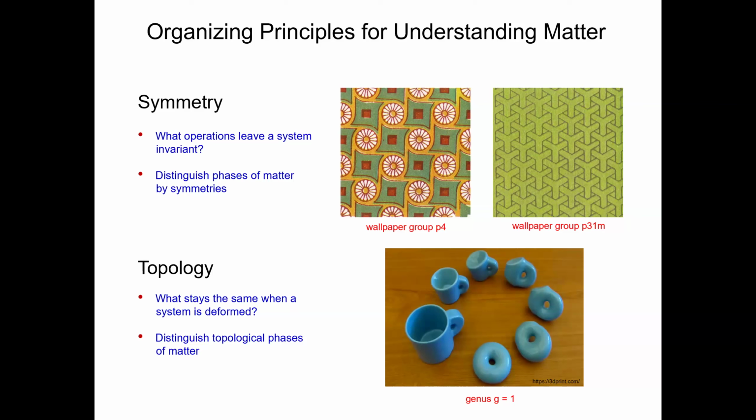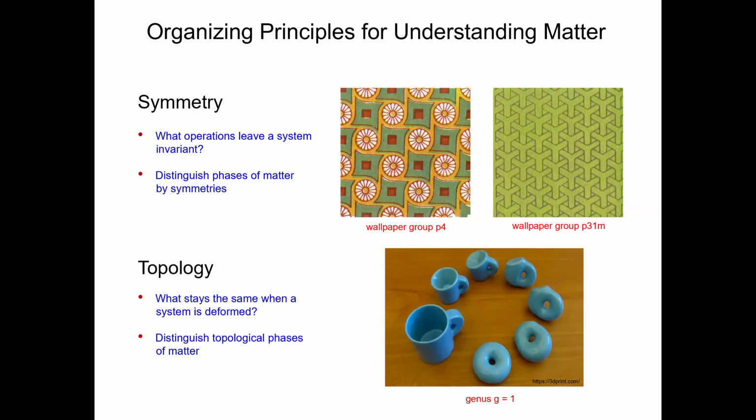You can translate or you can rotate, and it's like this in a crystal as well. This is an idea that goes all the way back to Landau, that you can classify the phases of matter according to the symmetries that they have or the symmetries that they don't have. This is a very powerful way of thinking about the phases of matter.